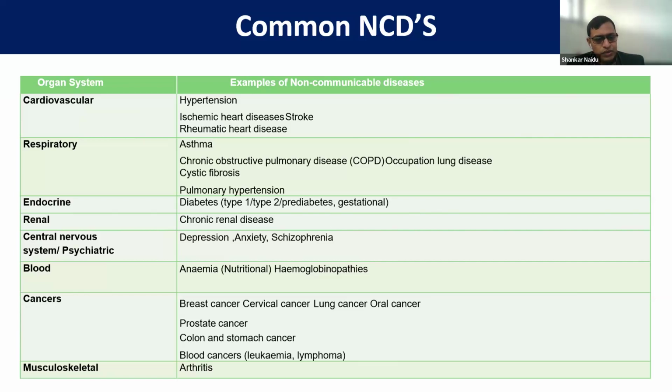Various cancers, which can be breast cancer, cervical cancer, or lung cancer, then prostate, colon, or stomach, and various musculoskeletal disorders like arthritis, which can develop in any PLHIV patient. We'll not be discussing all these individual diseases. We'll only be discussing 3 or 4 conditions which are more common and which are easy to screen in our ART centers.